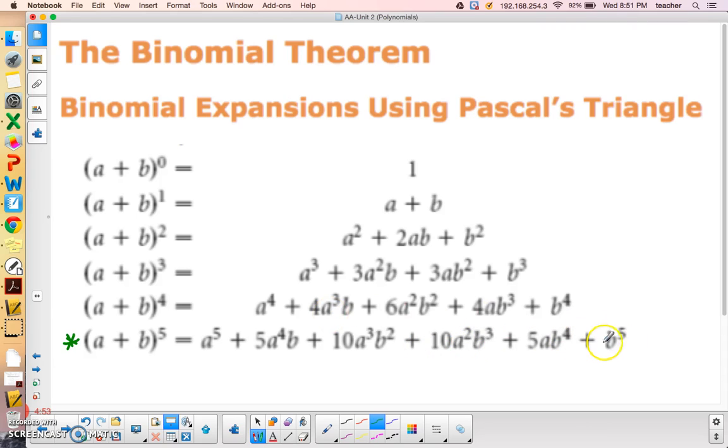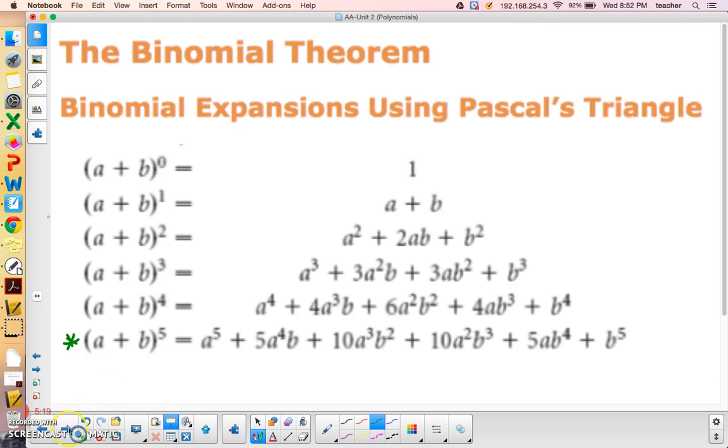So the b's will count down from the end, the a's will count down from the beginning, and we know that our coefficients will follow a pattern. In this way, we can fill in everything we need to complete our solution without having to do the arrows or the box a whole bunch of times to figure out what a plus b to the power of 5 is.